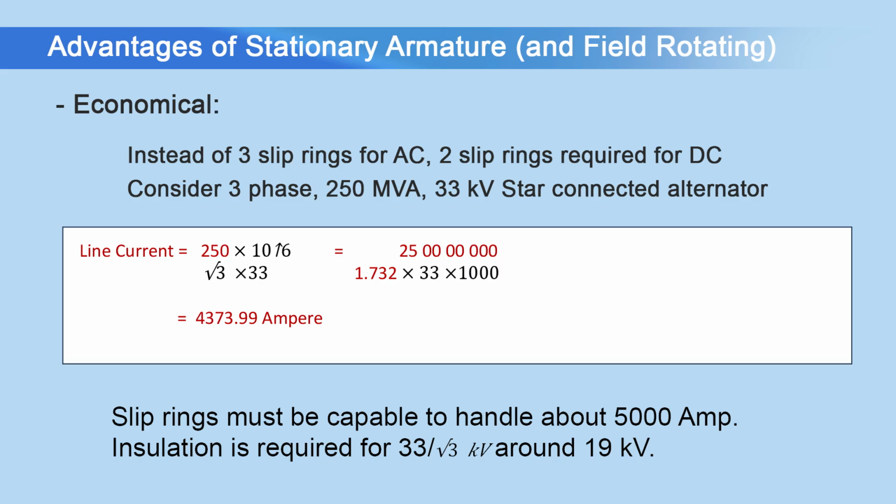Now, one important requirement is there: the slip ring is placed on the shaft, so we have to provide certain insulation between the slip ring and the shaft. In that small space we have to accommodate insulation which is sufficient for 33 divided by root 3 kV. So, it is around 19 kV. So, we have to provide insulation also.